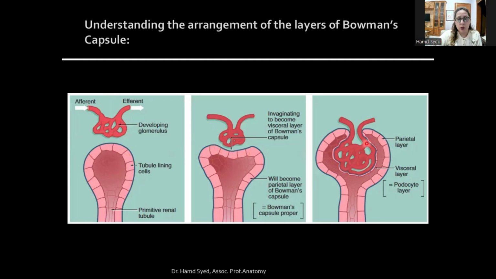The inner layer is going to be closely opposed to the tuft of capillaries, forming the visceral layer of Bowman's capsule, and the outer layer will be present on the external aspect as the parietal layer. So this is the visceral and this here is the parietal layer, and between these two layers is the Bowman's space.